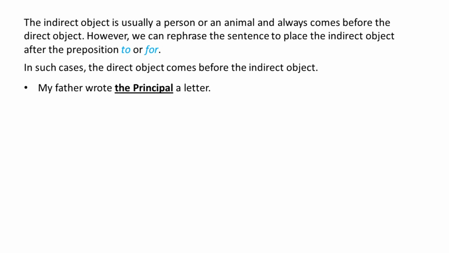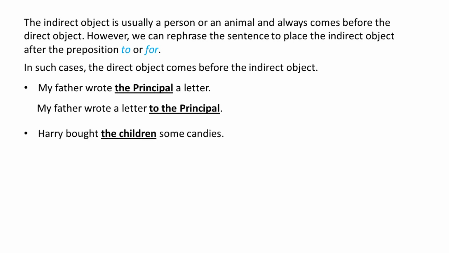So we are going to rephrase it using to before the indirect object principal. My father wrote a letter to the principal. So here when we used to before the indirect object, we placed the direct object before the indirect object.